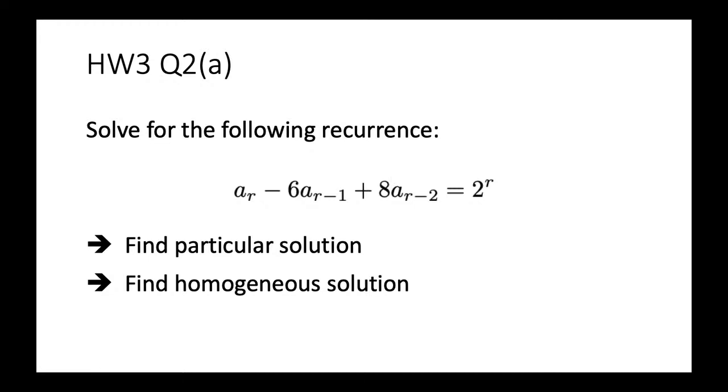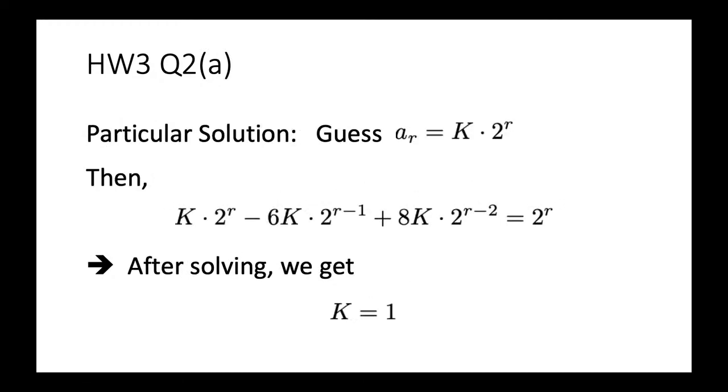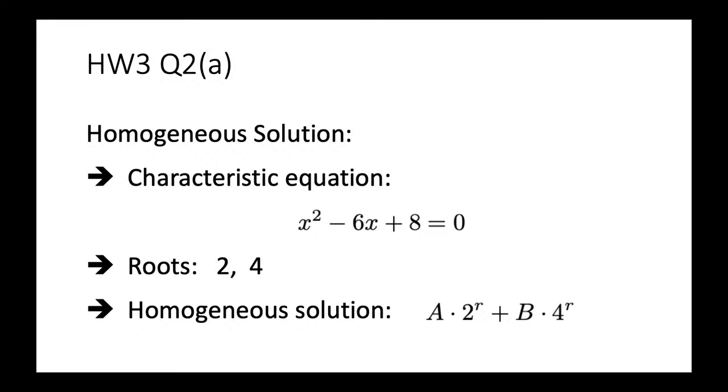But then it may not be the correct one because we may have initial conditions to consider. So in that sense, we need to find the homogeneous solution. For the homogeneous solution, we can solve it by writing down the characteristic equation, which is x squared minus 6x plus 8 is equal to 0.